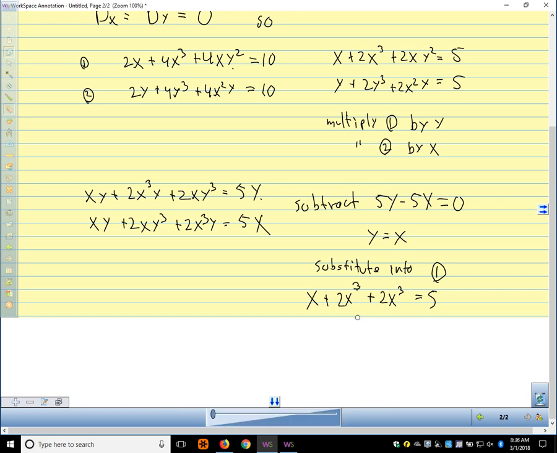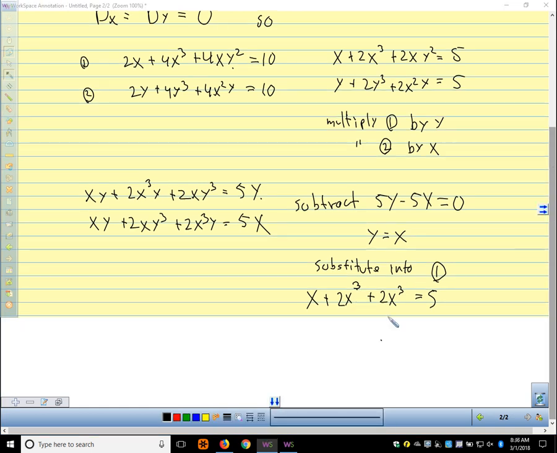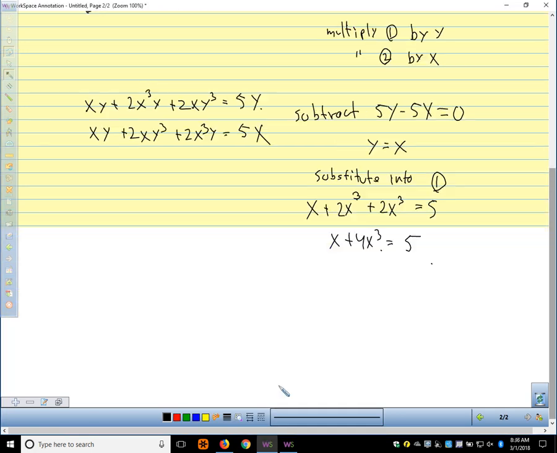There we go. There are two 2x cubes. So x plus 4x cubed equals 5. That's the equation we need to solve.